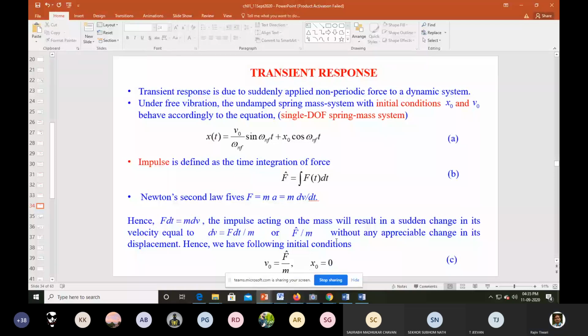So you can see how the impulse force gives initial conditions to the system. This is the initial velocity: because of the impulse, the body suddenly has this much velocity, but the displacement will be 0.